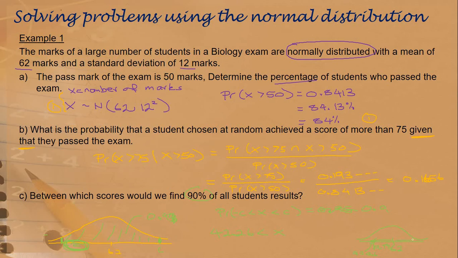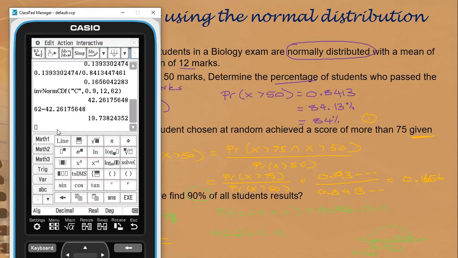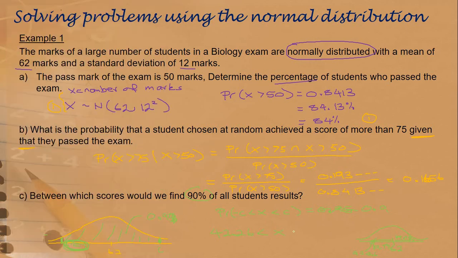So now I need to add 19.74 over here to get to my larger value. I take 62 and add my answer, and I get that my biggest value is 81.74. So between 42.26 and 81.74 is how we do that one.